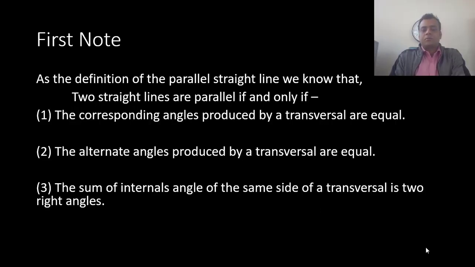First note, as the definition of parallel straight lines, we know that two straight lines are parallel if and only if the corresponding angles produced by a transversal are equal, the alternate angles produced by a transversal are equal, and the sum of internal angles of the same side of a transversal is two right angles.